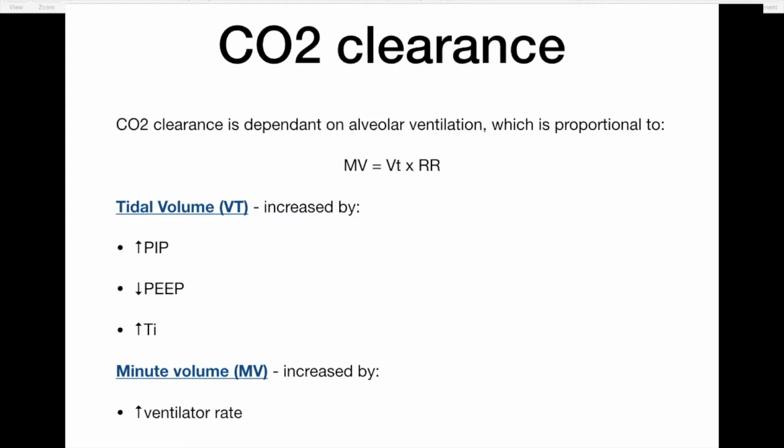We can increase the tidal volume by increasing our PIP, the peak inspiratory pressure, and decreasing the positive end-expiratory pressure, so we are going to have a bigger gap between the maximum pressure and the minimum pressure, and by increasing our inspiratory time. And when we would like to increase our minute volume as well, we can increase the ventilatory rate.